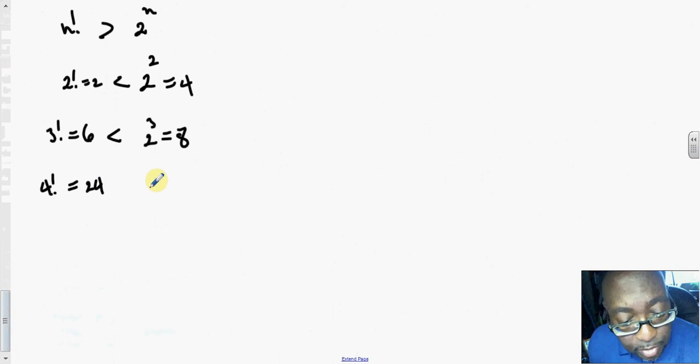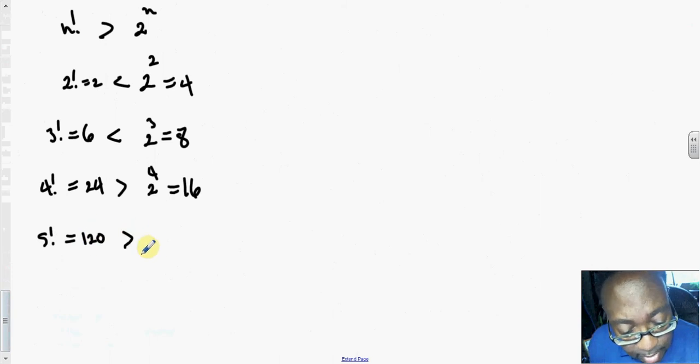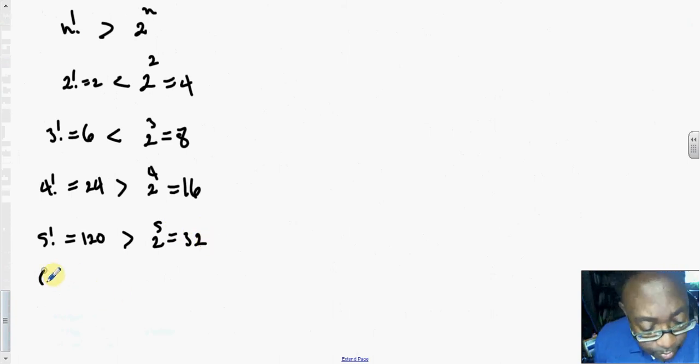What is that in comparison to 2 to the 4th? That's 16. Well, that's greater than. What about 5 factorial? That's 120. That's greater than 2 to the 5th, which is 32.